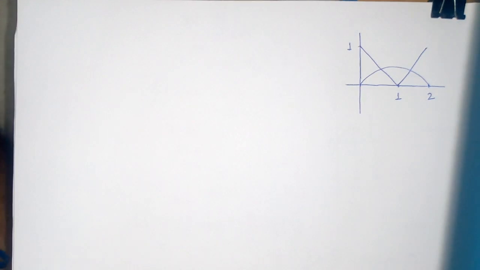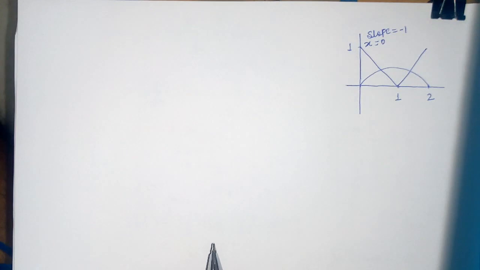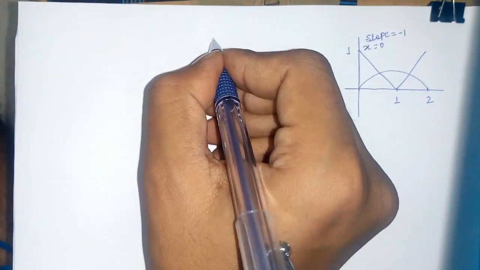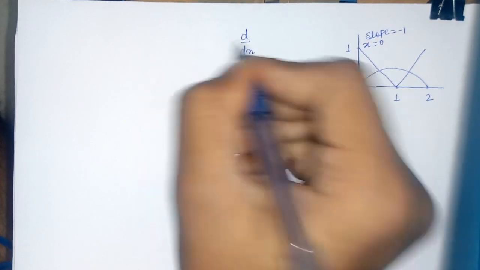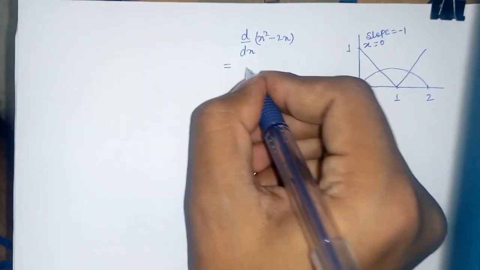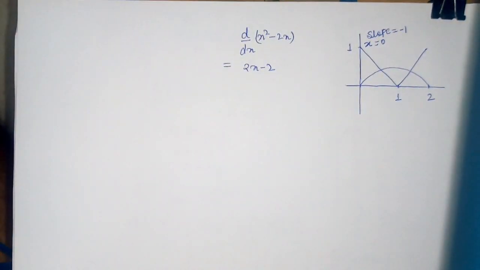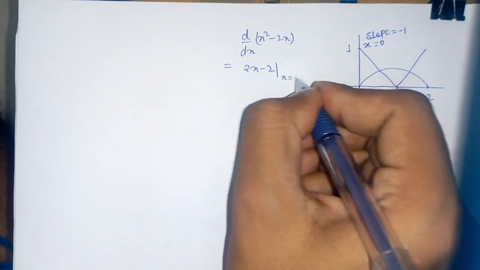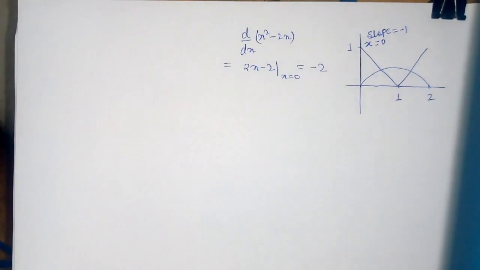So to find that out, let's look at the slope of these two curves at x equals 0. The slope of this line is simply −x, so at x equals 0, the slope is −1. And to find the slope of this parabola, we simply differentiate x² − 2x, which is 2x − 2, and the slope at x equals 0 is −2.